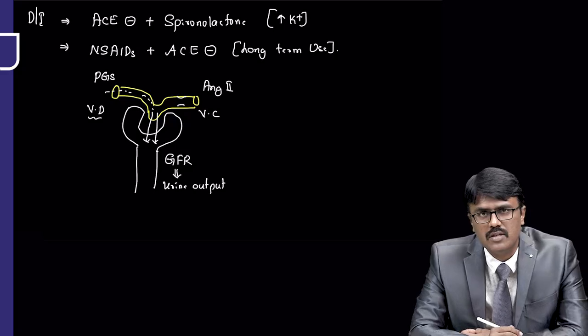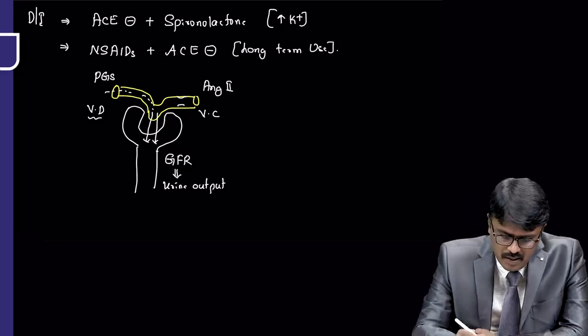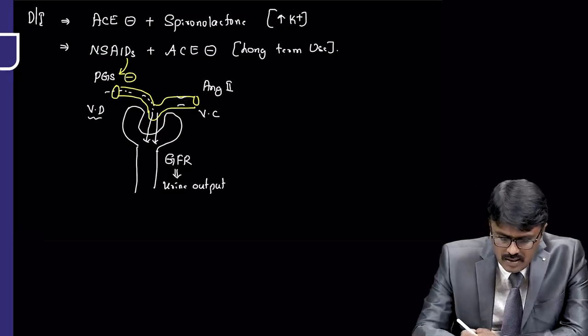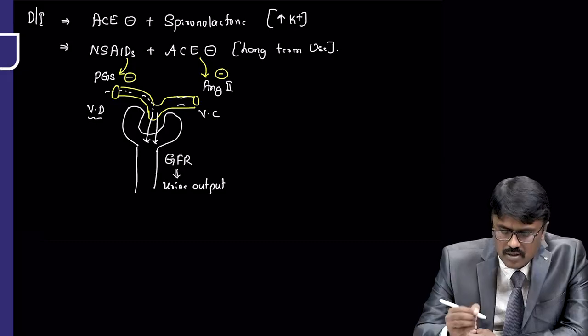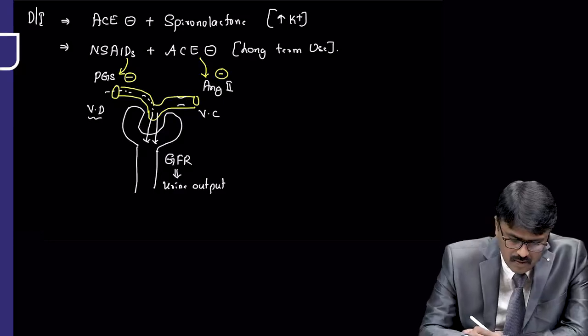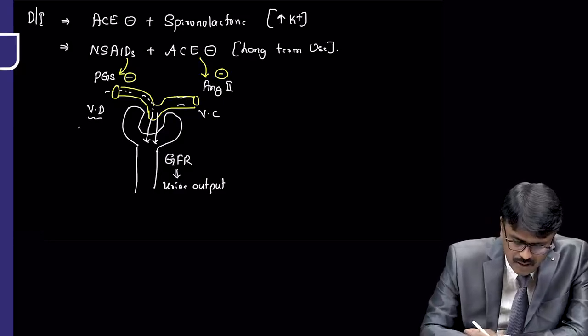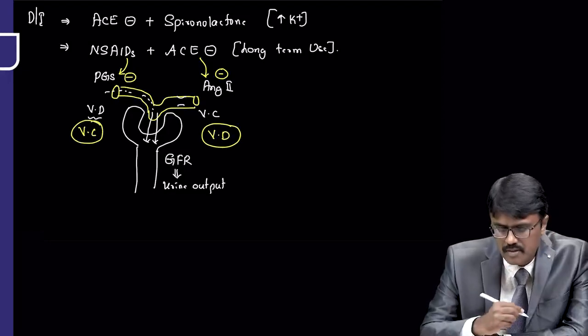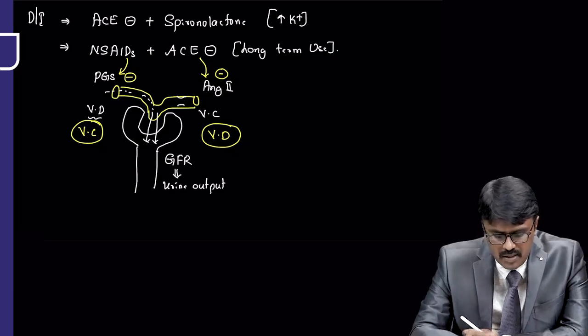Now what happens when I use this for a very long period? NSAIDs are going to inhibit prostaglandins. ACE inhibitors are going to inhibit the action of angiotensin 2. So here the afferent arteriole becomes constricted, and the efferent arteriole becomes dilated.